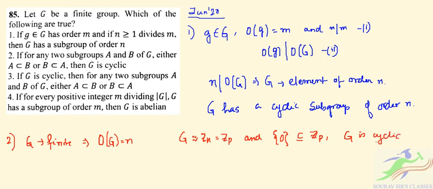So if we consider that n is a prime number, now if the order of G is something like p to the power m, then G will be isomorphic to Z_{p^m}, where G is cyclic.